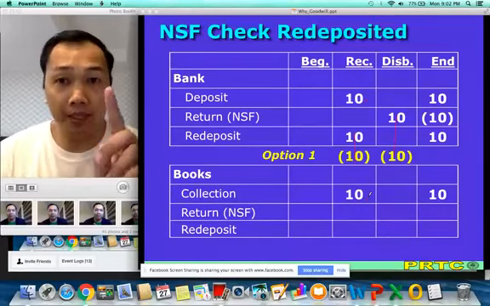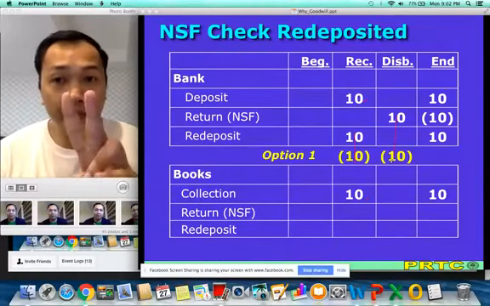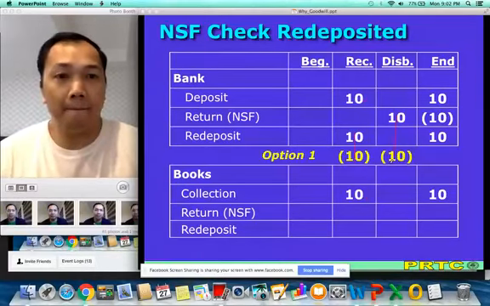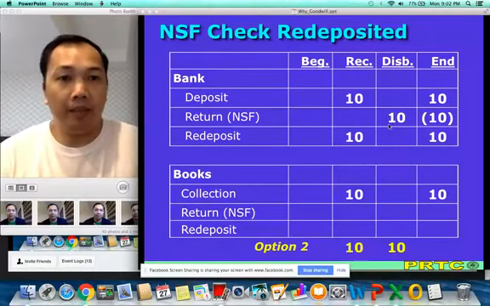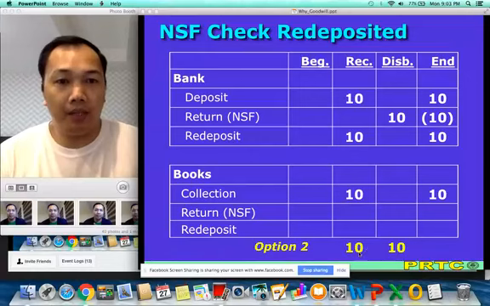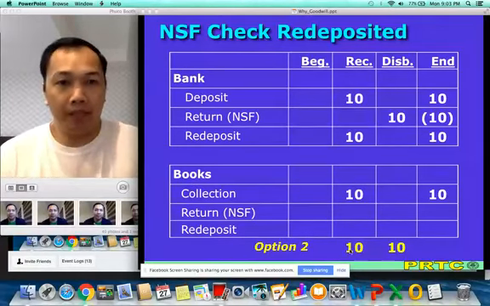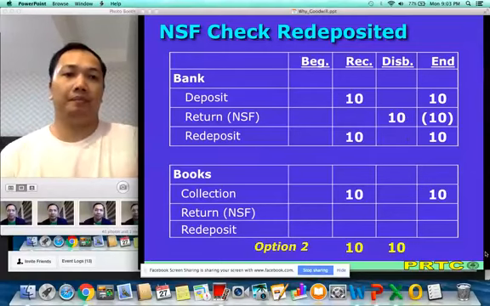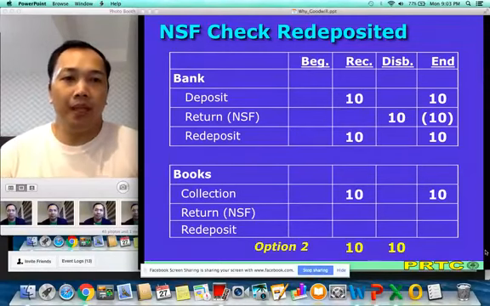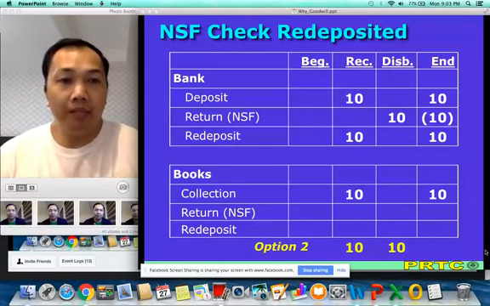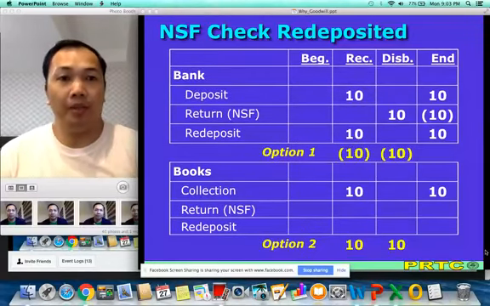Option number 2: included in bank, not in books. So ang gagawin natin, add to receipts, add to disbursements, books. So plus 10, equal yan. Notice, either deduct from bank, option 1, or add to books, option 2, the same yan.